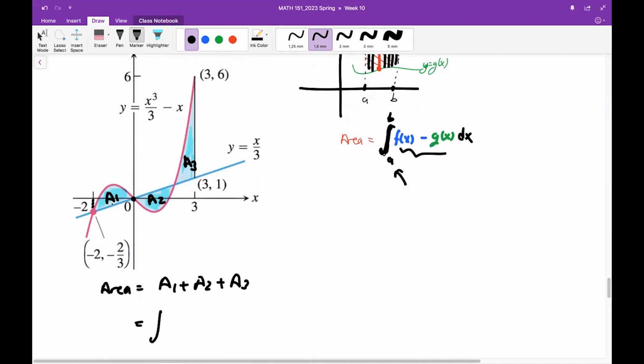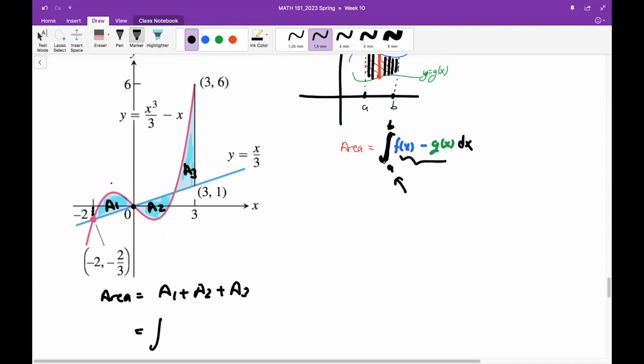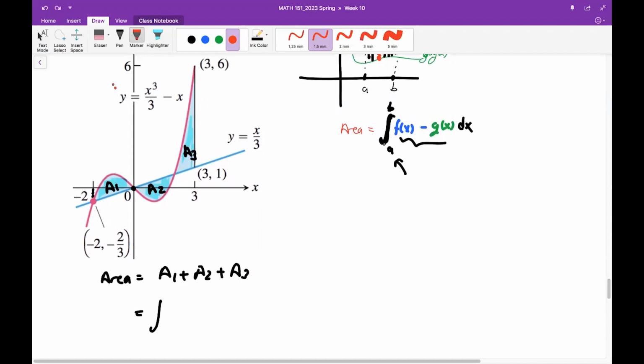So for A1, let's construct the first definite integral. The bigger curve is the pink curve here, which corresponds to this. This is the equation of the bigger curve, and this is the equation of the smaller curve, I mean, the blue curve. The pink curve is given by x cubed over 3 minus x.